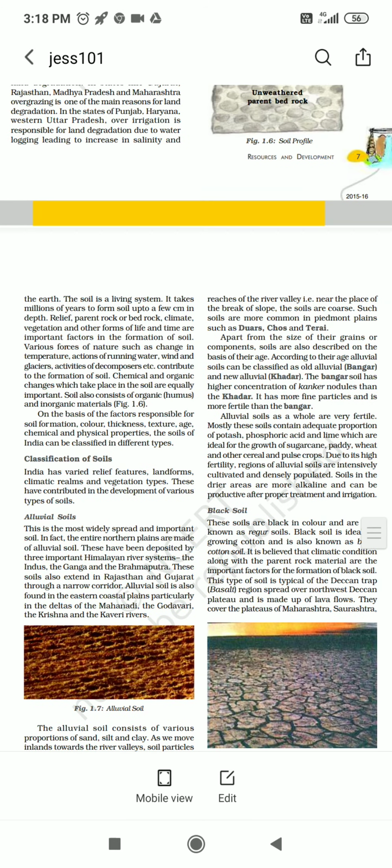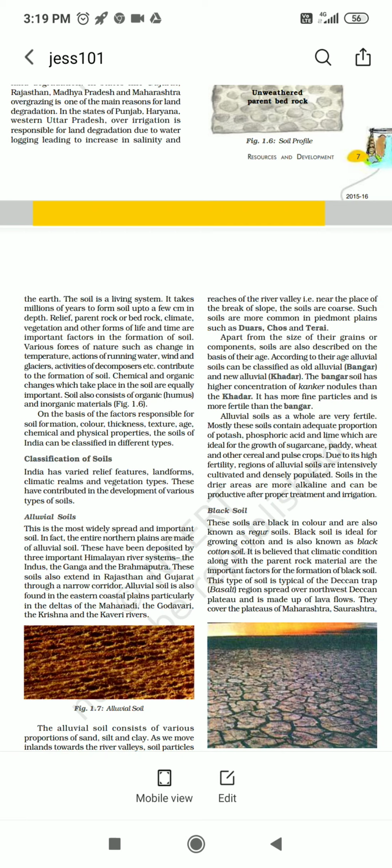Alluvial soil, as I said, is the most suitable soil for agriculture, and it is widespread in India. This soil is further divided into two heads, Bhangar and Khadar. Bhangar is known as old alluvium soil, and Khadar is known as new alluvium soil.